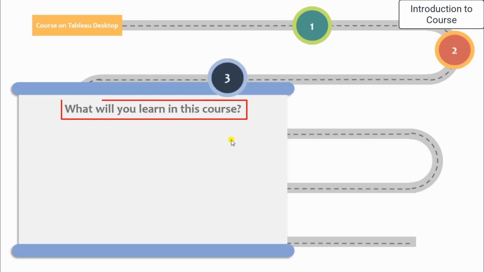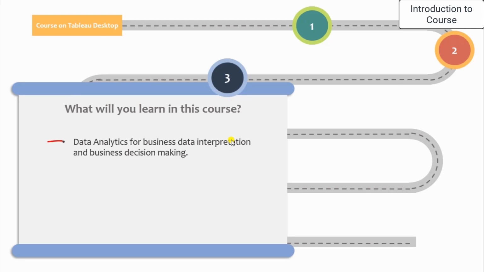So what will you learn with this course? Again, data analytics for business data interpretation, business decision making. See, when I say business decision making, you use predictive modeling also for business decision making, and you use certain kinds of forecasting techniques also. Business visualization or data visualization techniques is also one such skill set that you ought to develop.